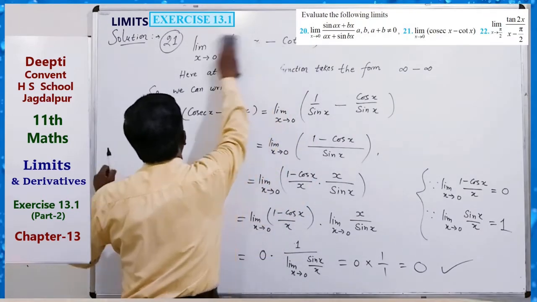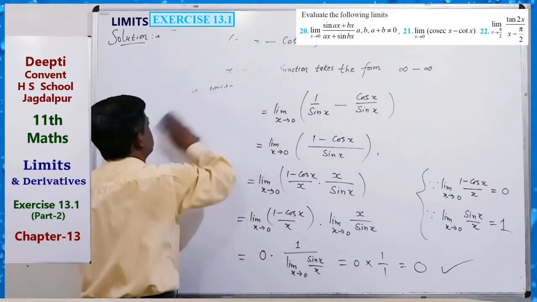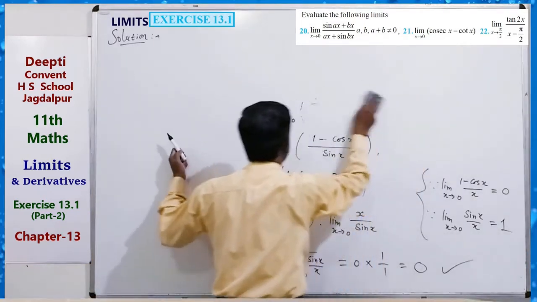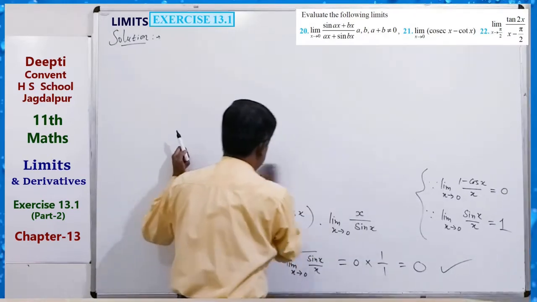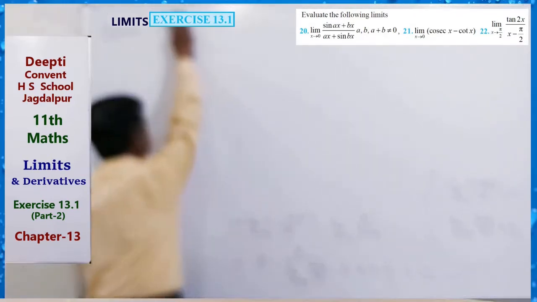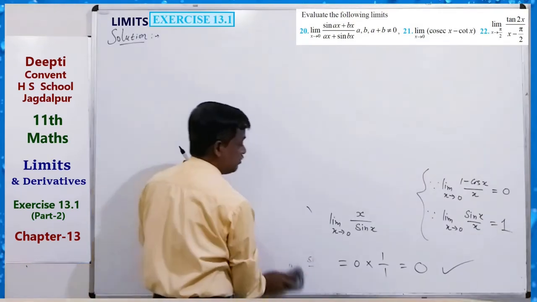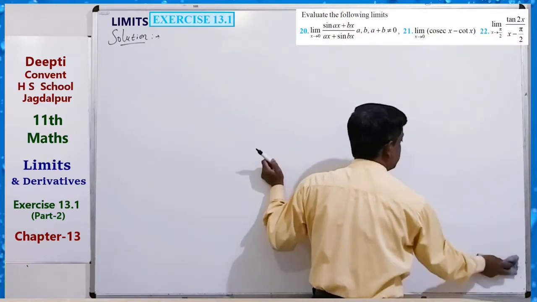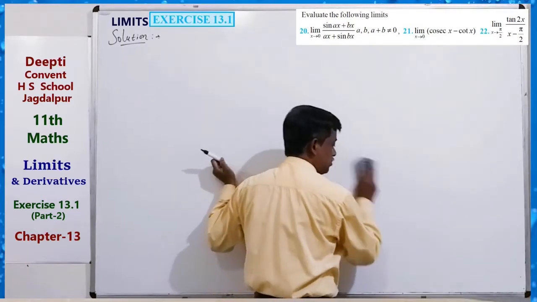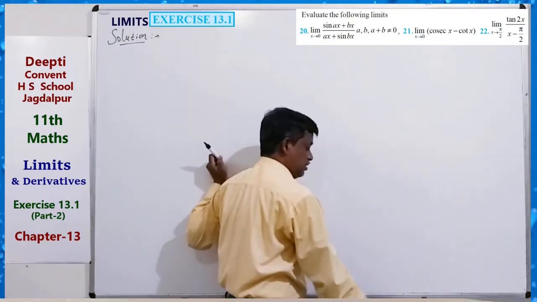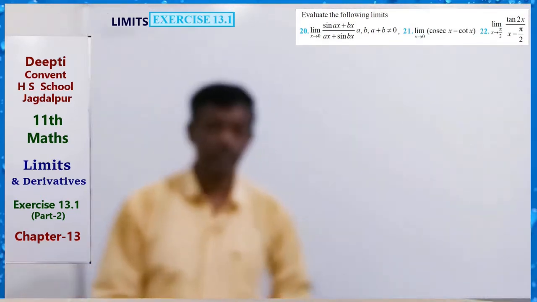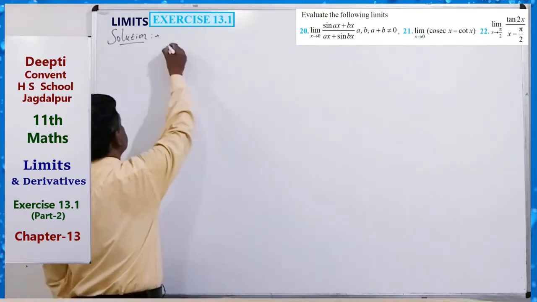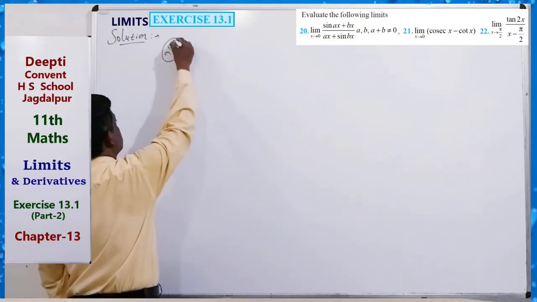Just for finding limits, you have to remember that whenever after putting the tending value in the function we get the form 0 by 0 or infinity by infinity or infinity minus infinity, then we try some method so that we can find a definite value of the given function.